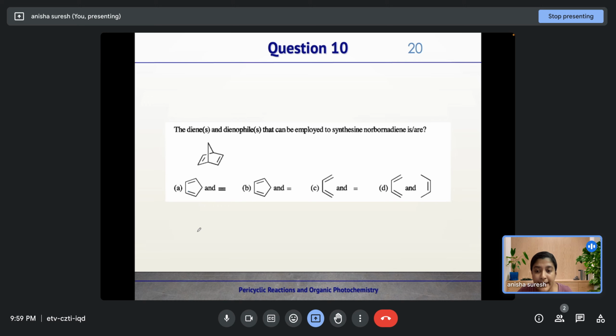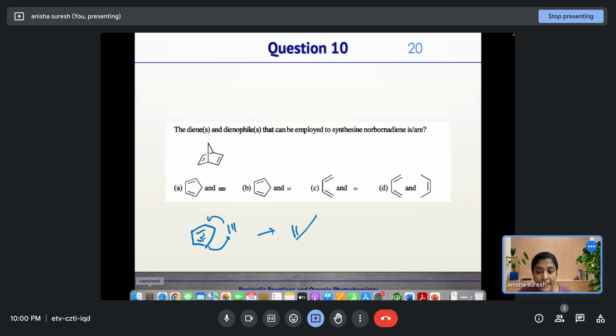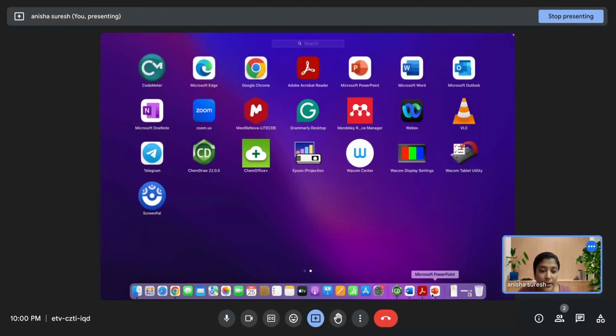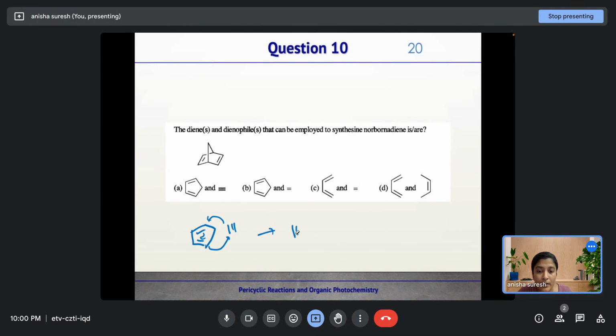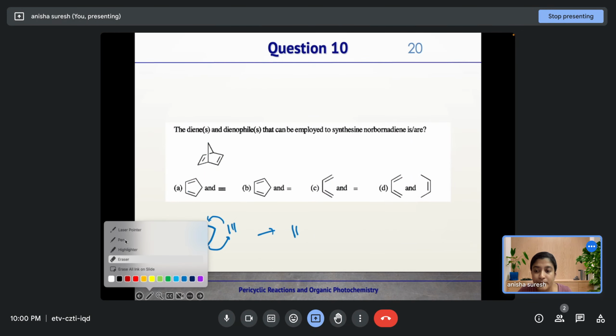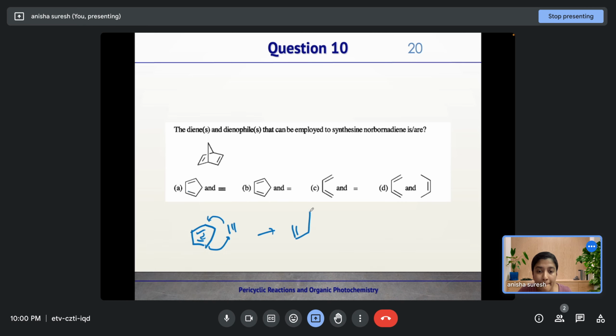So this when it is reacting with ethyne, you will be getting norbornadiene.